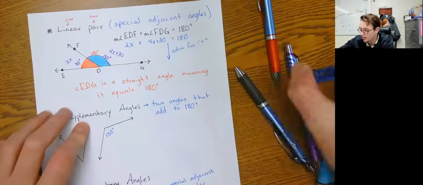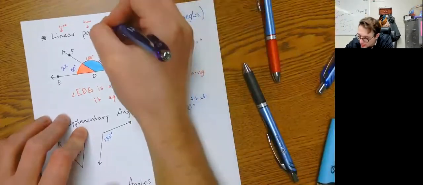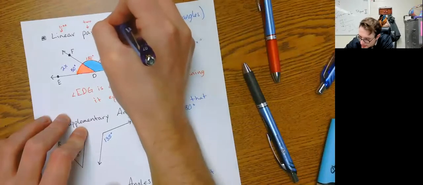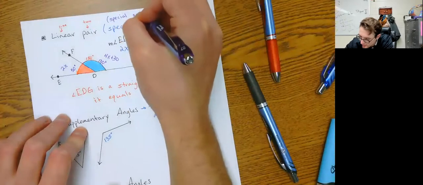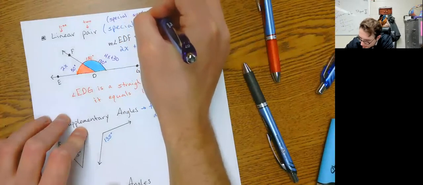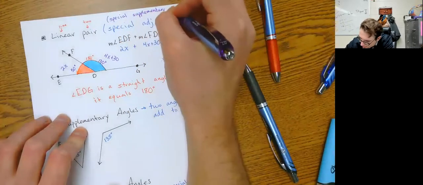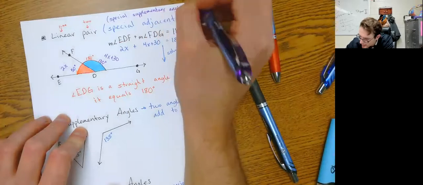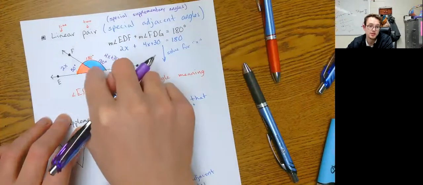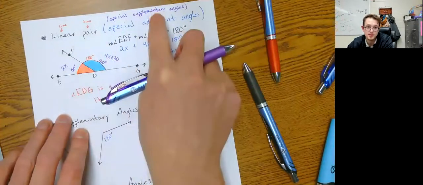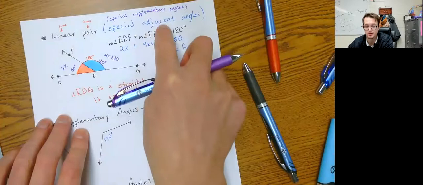Yes. So this is also a special supplementary pair, because a linear pair is supplementary adjacent angles.